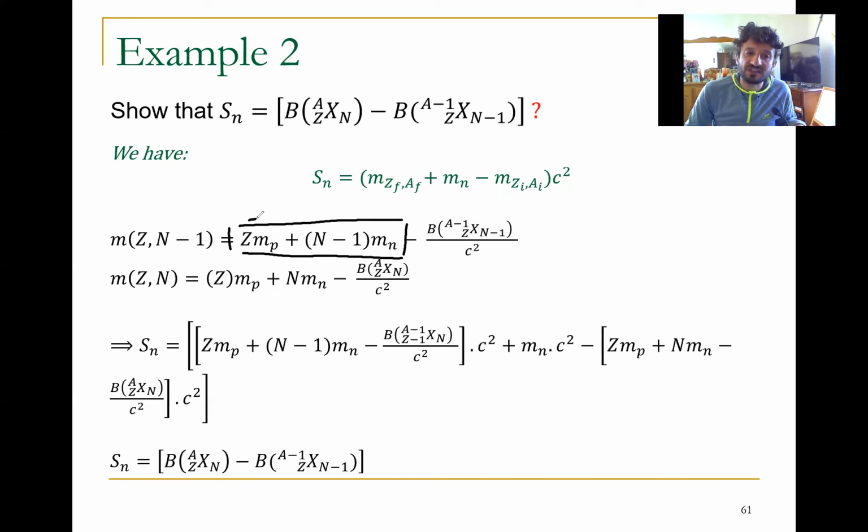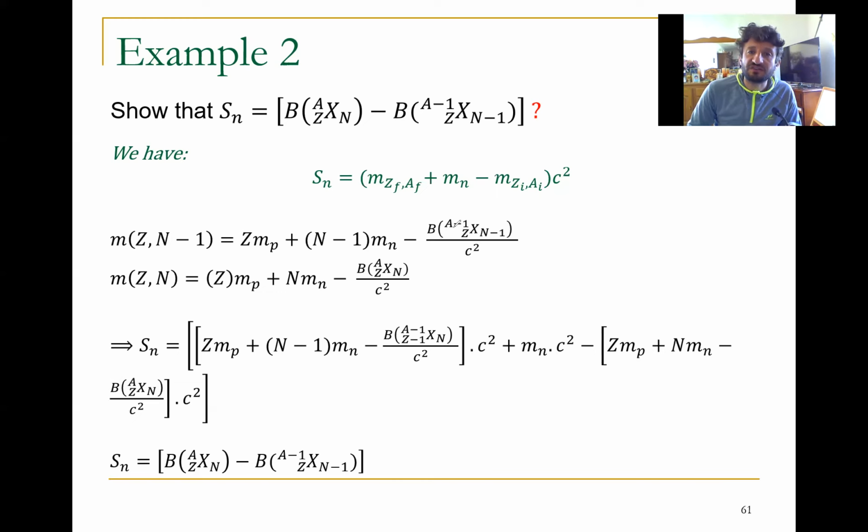We have Z protons and N minus 1 neutrons times Mn, minus the mass defect, the binding energy of the final nucleus divided by c square.